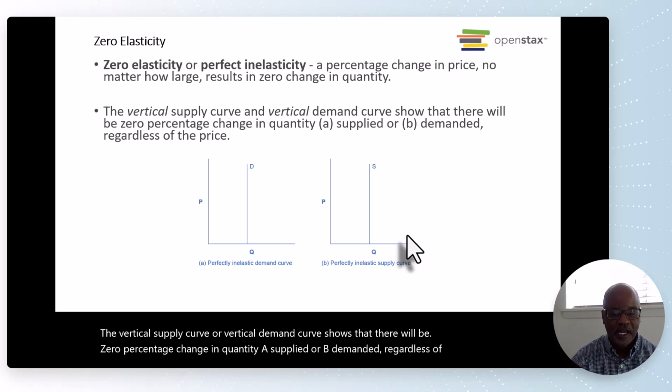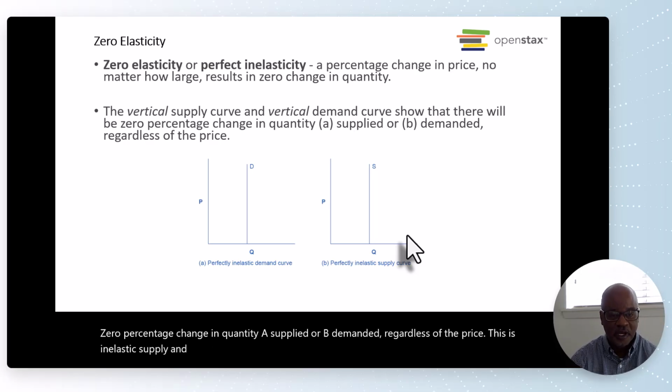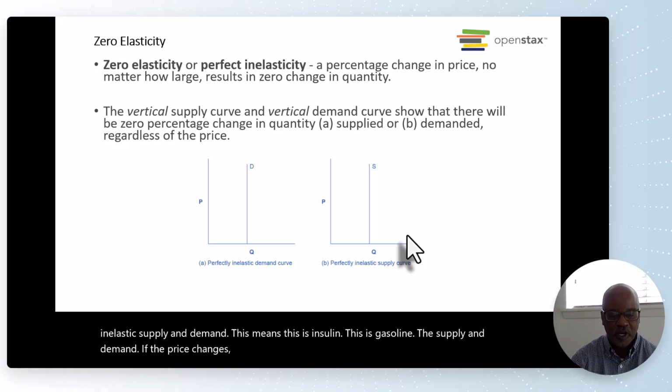This is inelastic supply. This is insulin. This is gasoline. In supply and demand, if the price changes, the responsiveness of us as consumers is very, very small.